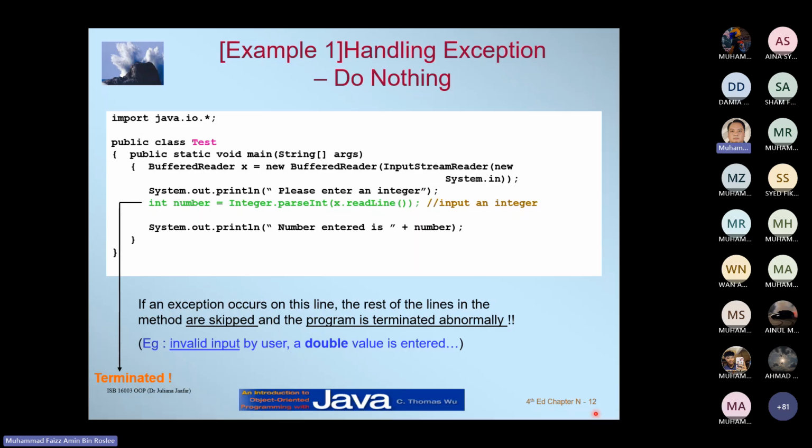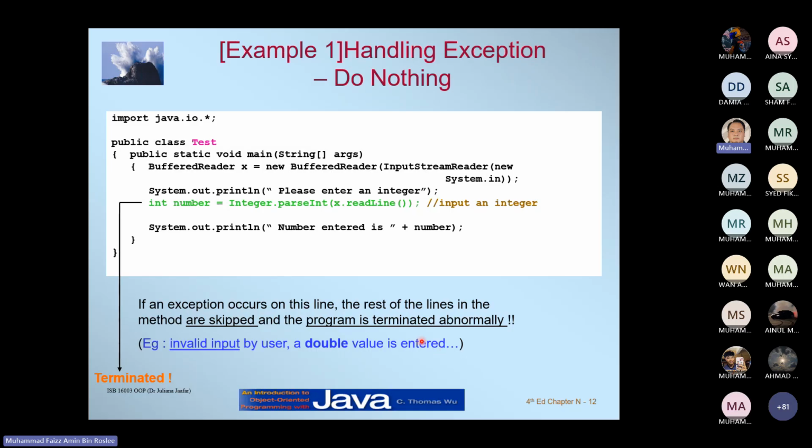So it's not nice, right? The program is terminated with that kind of wrong input, while you just need to ask the user to enter the input again instead of terminating the program.